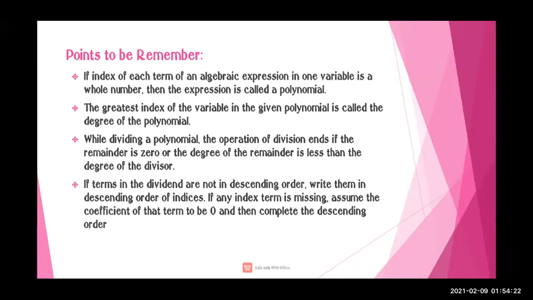Next, while dividing a polynomial, the operation of division ends if the remainder is 0 or the degree of the remainder is less than the degree of the divisor. See, whenever you are doing the division, you get quotient and remainder.